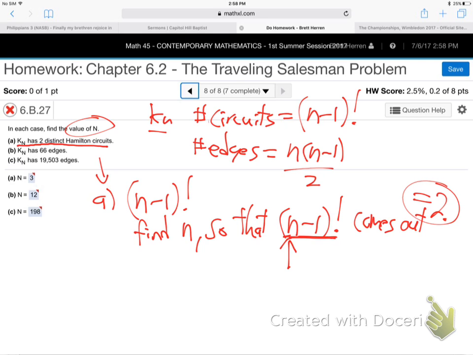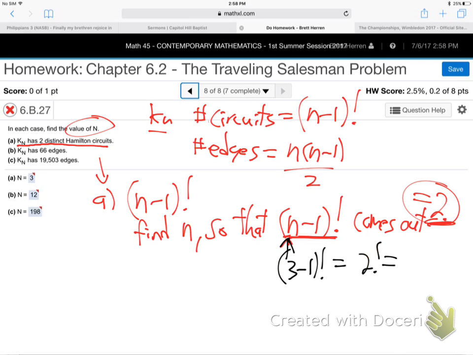If I plug in 5, for example, it'll be 5 minus 1 factorial, which is 4 factorial, 4 times 3 times 2 times 1, which is 24. It's a bunch. Somehow they got an answer of 2. What n value did they plug in to get an answer of 2? Do you see? Am I losing you? They plugged in 3 here, didn't they?